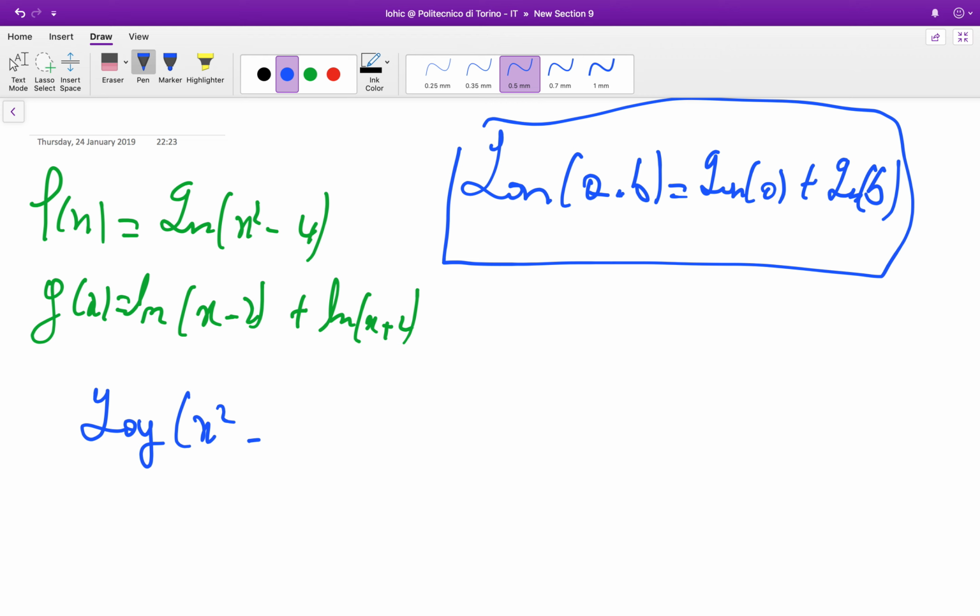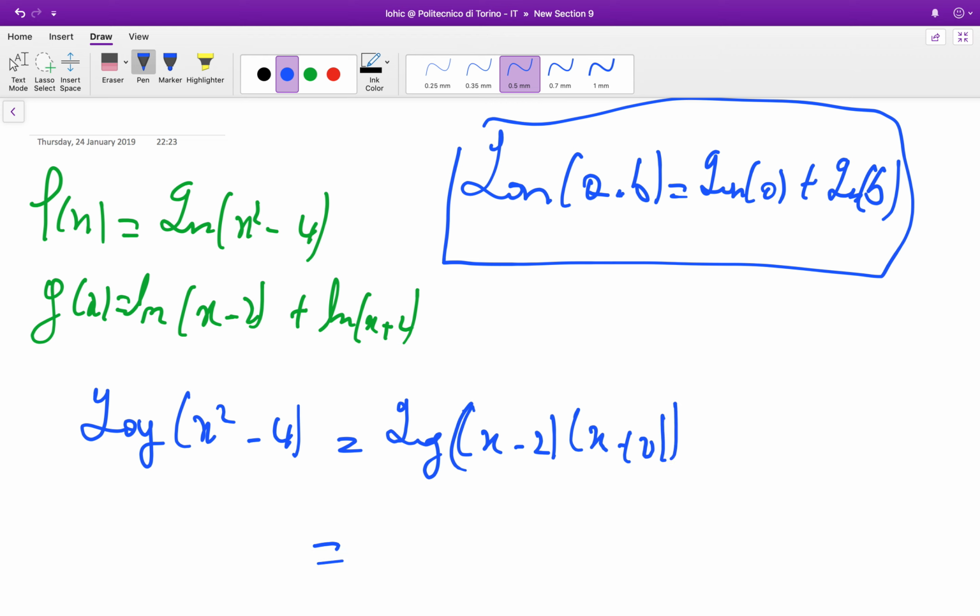We have here the logarithm of x squared minus 4, right? That you can basically write as the logarithm of x minus 2 multiplied by x plus 2. Yes or no? But now it's the logarithm of a times b, so it's the logarithm of x minus 2 plus the logarithm of x plus 2, right?